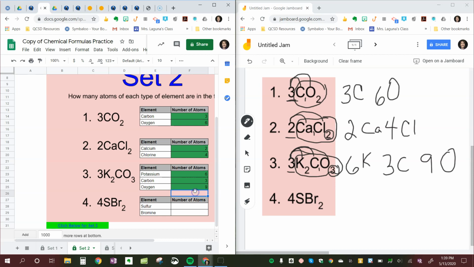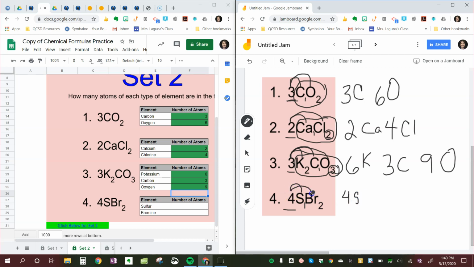Now, if you think you have the hang of it, stop the video and go ahead and try number 4, and then come back and check. In number 4, we have 4 sulfur bromides. 4 is going to multiply the sulfur first, and there's 1 sulfur, so that's 4 times 1, or 4 sulfur.